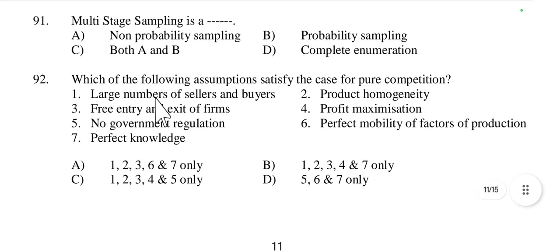Then next question: which of the following assumptions satisfy the case of pure competition? Assumptions of perfect competition and pure competition are given, so we have to find the assumptions which satisfy only the pure competition market. You have to know that more or less pure competition and perfect competition are the same.